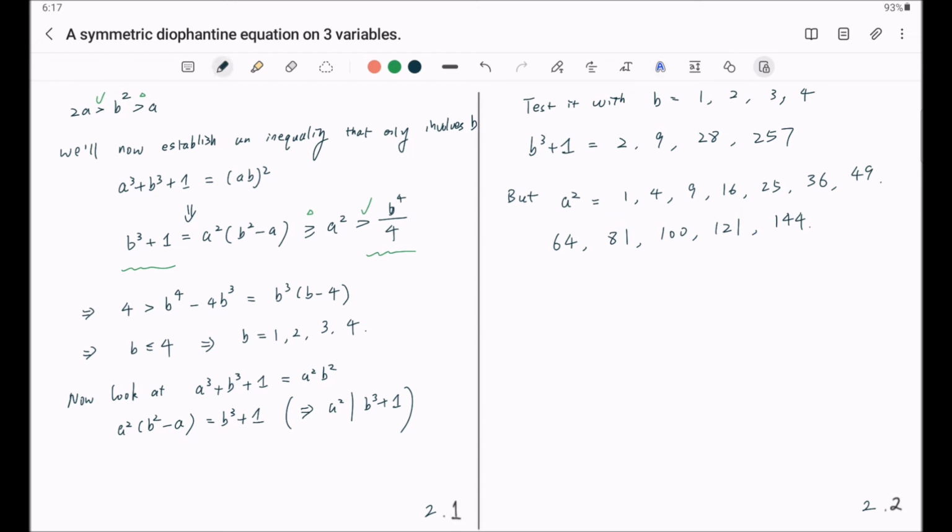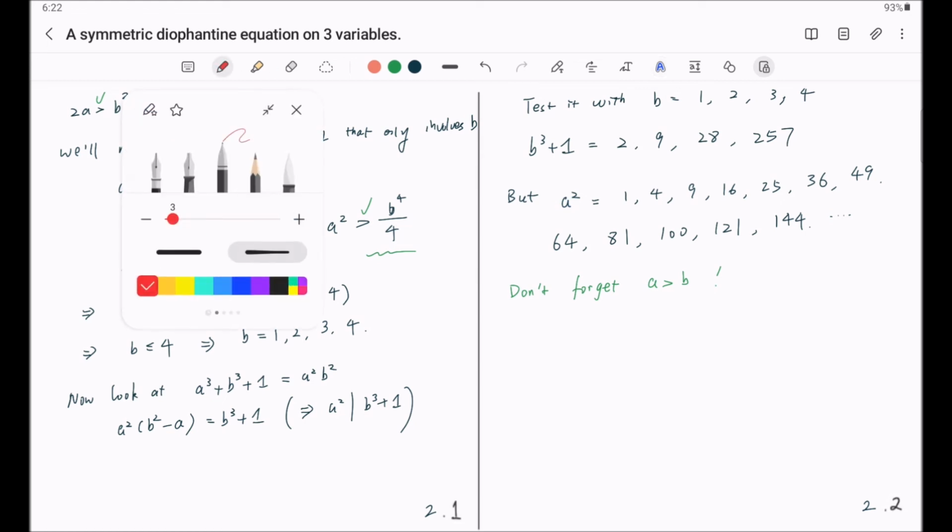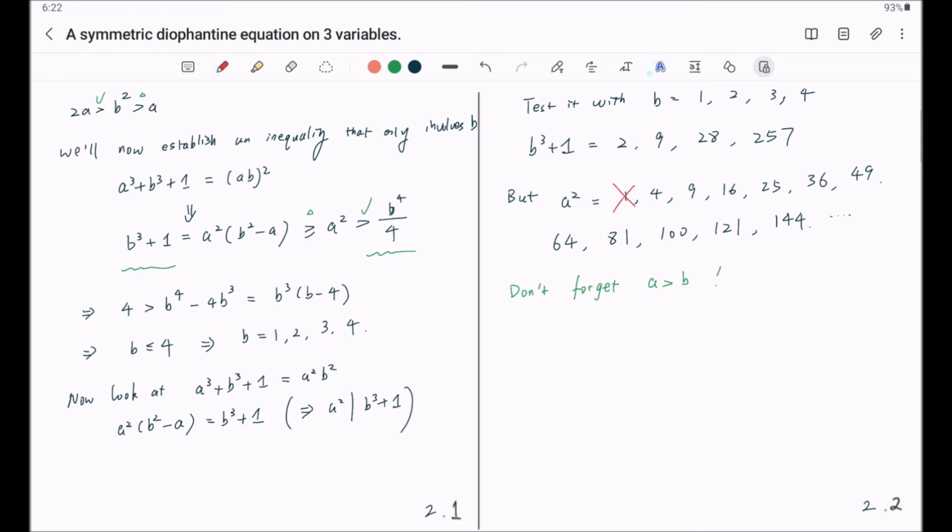I think that is all we need. Now we're going to check how many A squares here could divide those B cubed plus 1. Don't forget that A is strictly bigger than B. So because B starts from 1, A cannot be equal to 1. A has to be bigger than 1. So we can cross out this case.